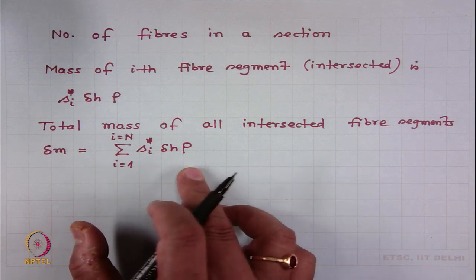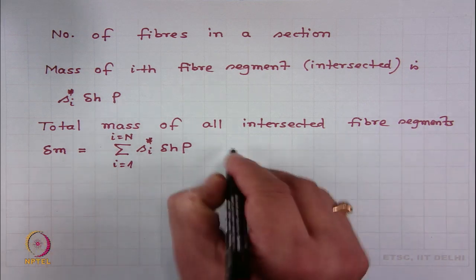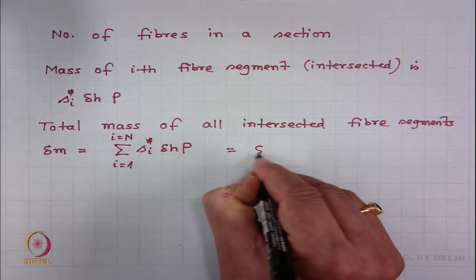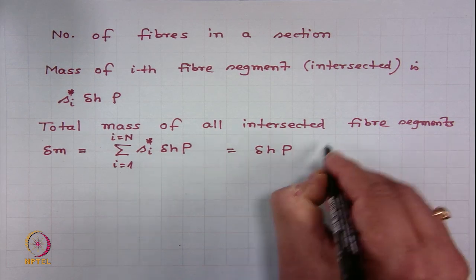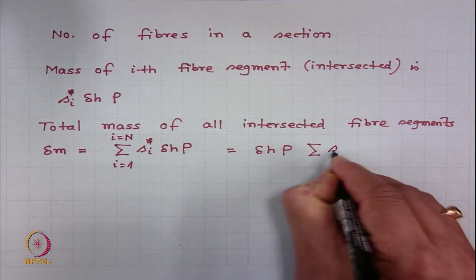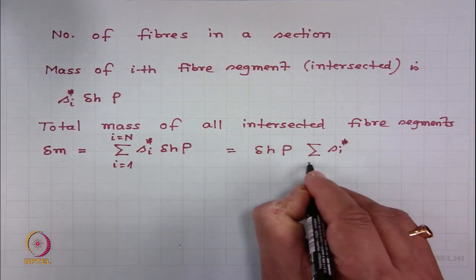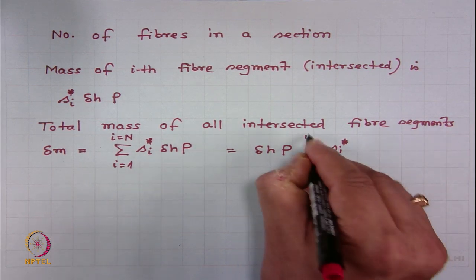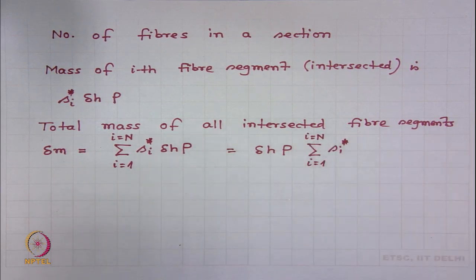So, these two constants can go out of the summation. So, we obtained this expression. Now this is the total mass of all intersected fiber segments.